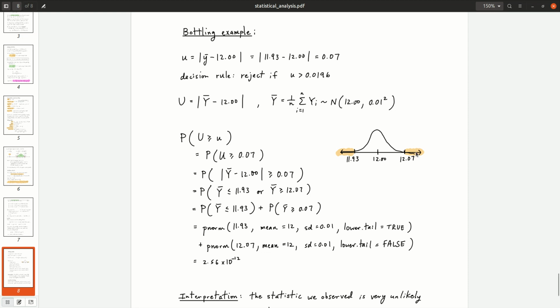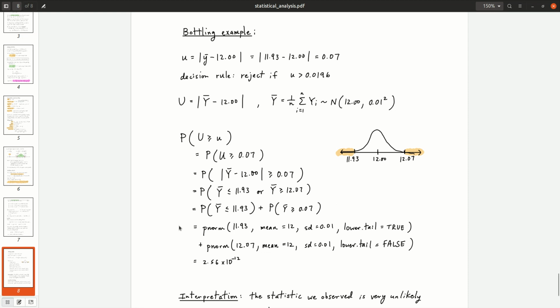Likewise, if you're out here, the difference between this and 12 is bigger than 0.07. These are disjoint events. It can't be both less than 11.93 and bigger than 12.07. So by the rules of probability, we simply add those probabilities together.